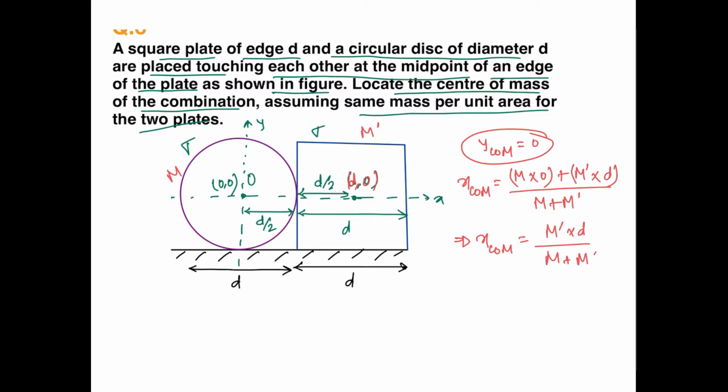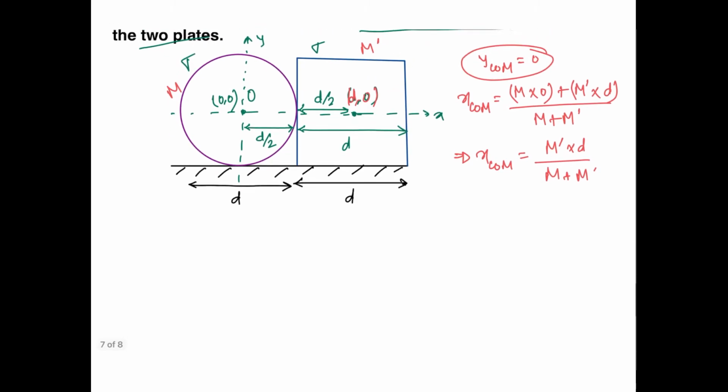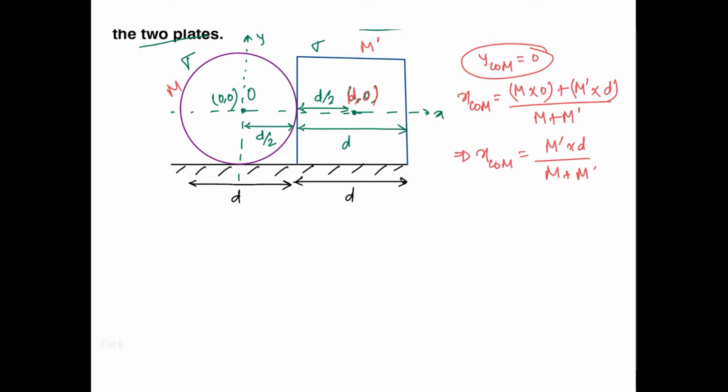Now we don't know the value of m or m dash, so we have to put m dash in terms of m. Since the mass per unit area of the circular disc is equal to that of the square plate, mass upon area: pi into radius square, that is D by 2 whole square, equals m dash upon the area of the square plate, that is D square.